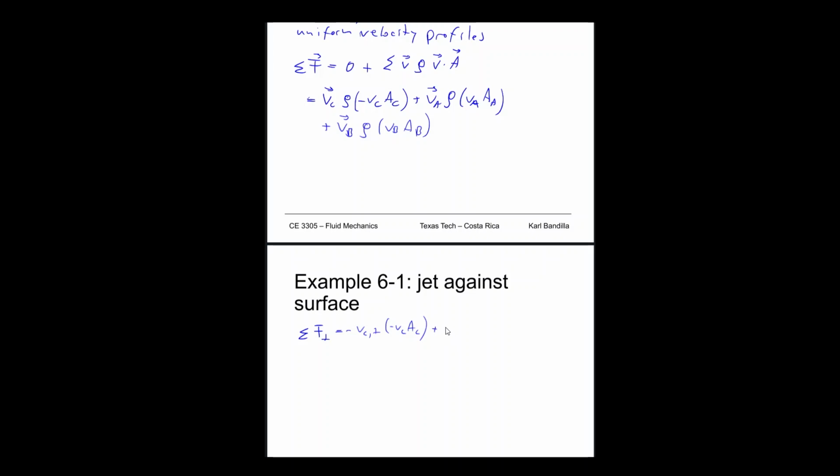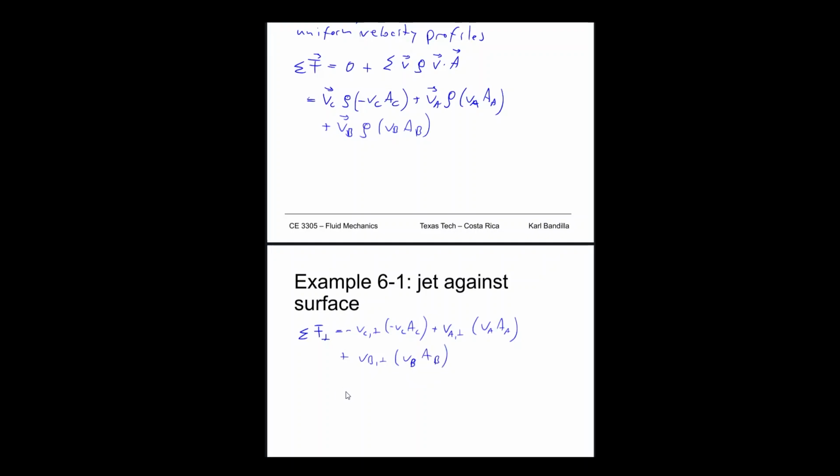Then in our other directions, let's just write those in, and then we can figure out what those components are. VA AA plus VB perpendicular VB AB.